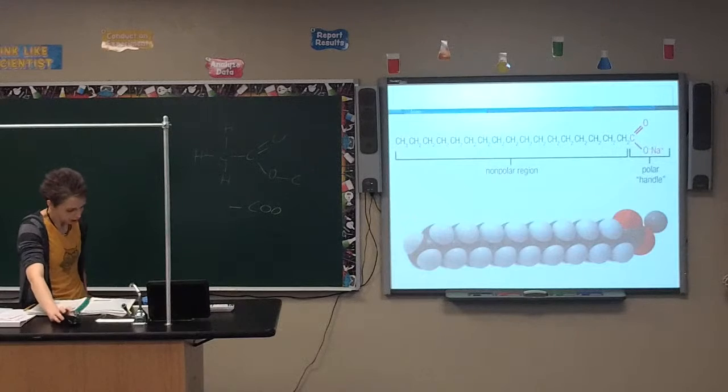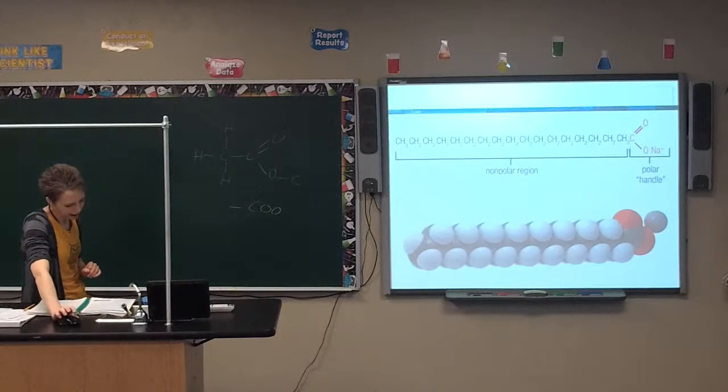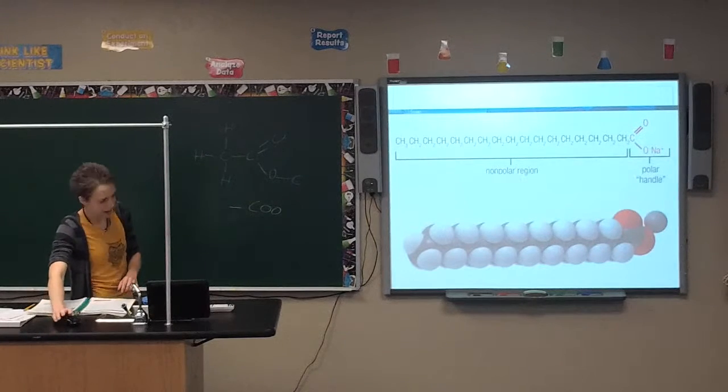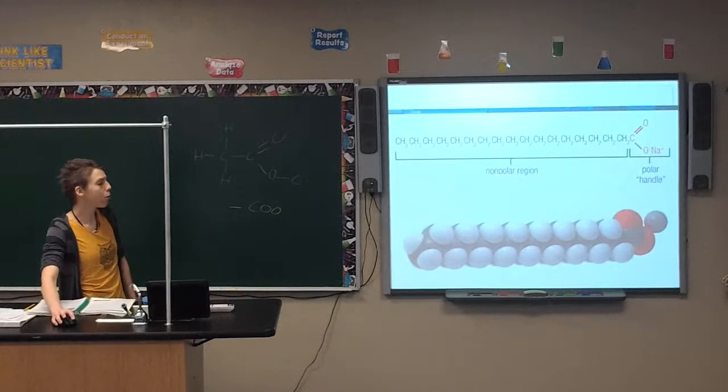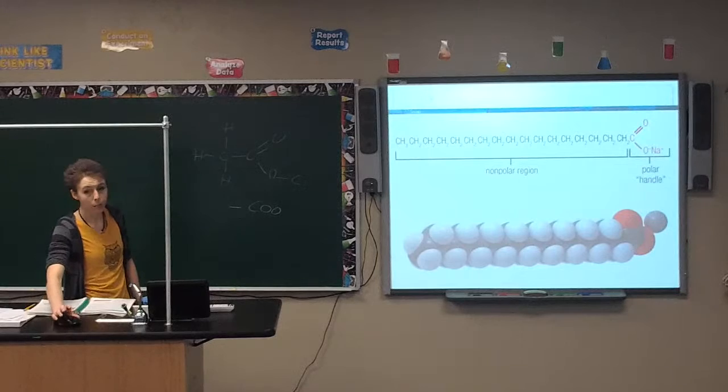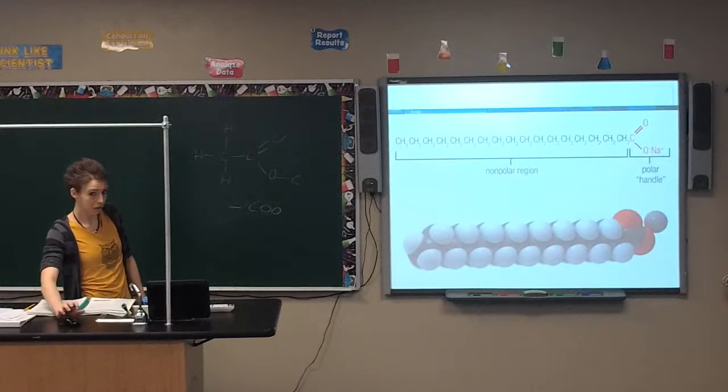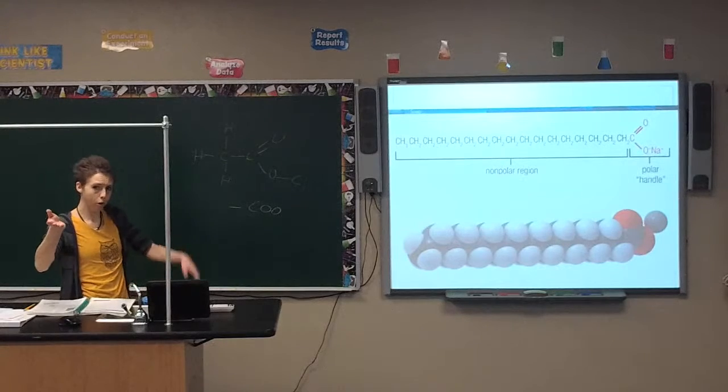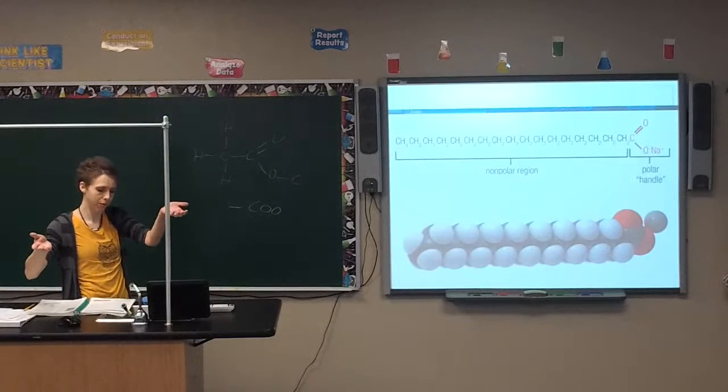Alright, so your book points out a soap is a salt containing a carboxylate ion and an alkali metal. The main important part of it though is that you have a polar end and a non-polar end. Now remember, with the idea of like dissolves like, what does that mean? It has to do with the idea of polar will only dissolve in polar and non-polar will dissolve in non-polar.